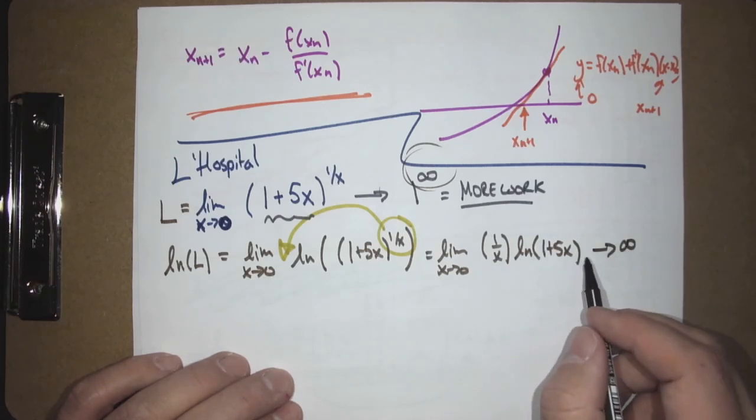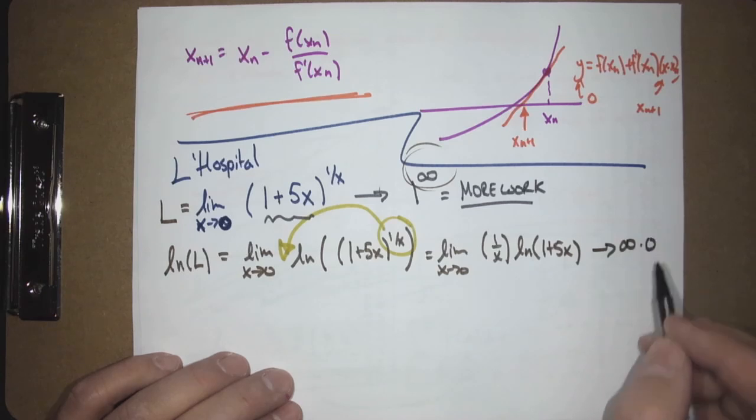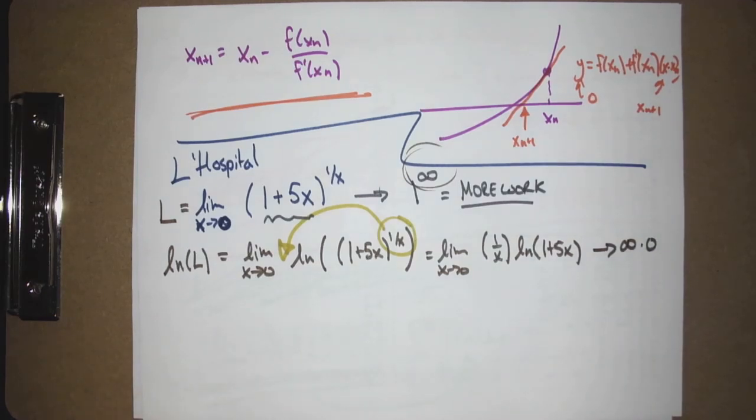Log of 1 plus 5x goes to log of 1, which is 0. But we already knew that was not going to be what we wanted. We're trying to move something downstairs. Now, in this case, it's kind of obvious what moves downstairs. The x, because it's already there.